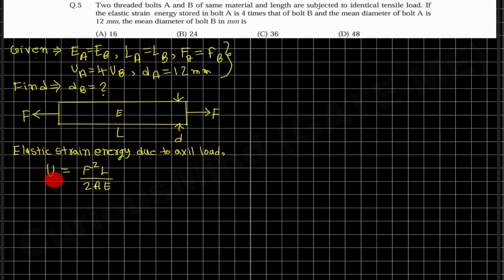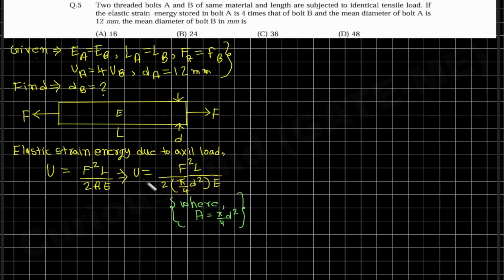So we have the expression of the elastic strain energy due to axial load, where A is the cross section of the bar, which is circular of diameter d. So let's plug in the expression of A, which is equal to pi by 4 times diameter square. After plugging in the expression of A into this, we get this: A is replaced by pi by 4 times d square.